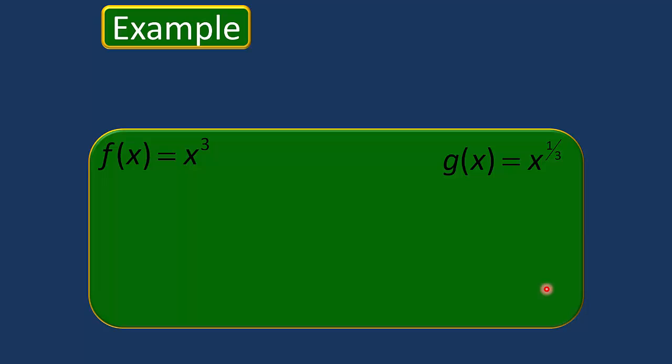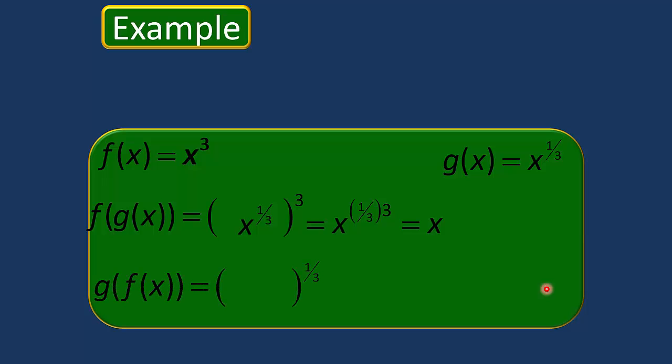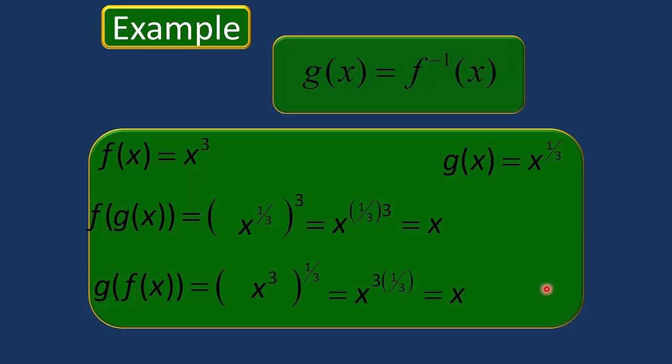Now, let's look at this one. Here we've got f of x equals x cubed, g of x equals x to the 1/3. So I'm going to find f of g of x. That equals x. Let's find g of f of x. That equals x. So it turns out that f and g are inversely related. The inverse of f of x is g of x. And we write that this way sometimes.